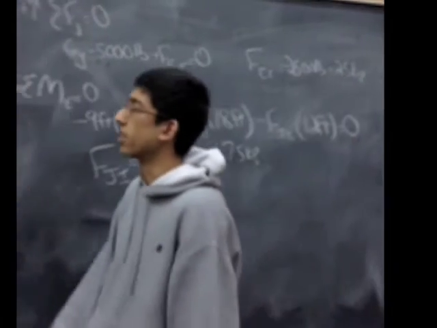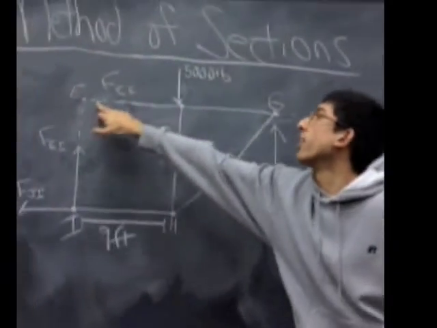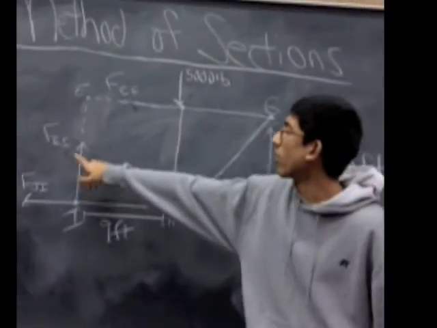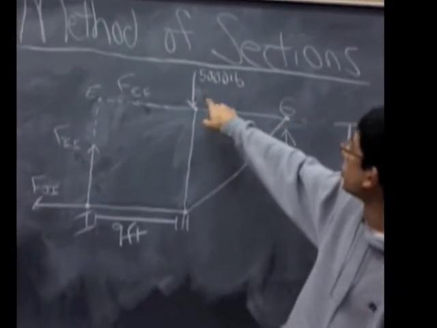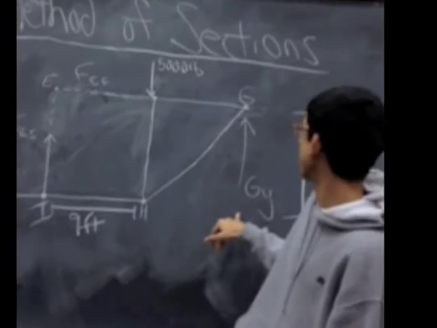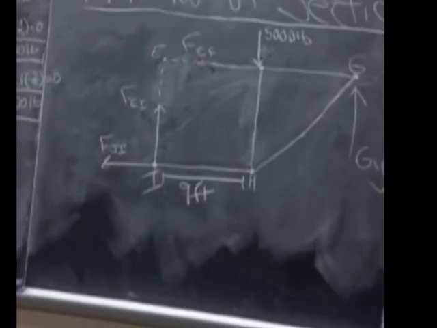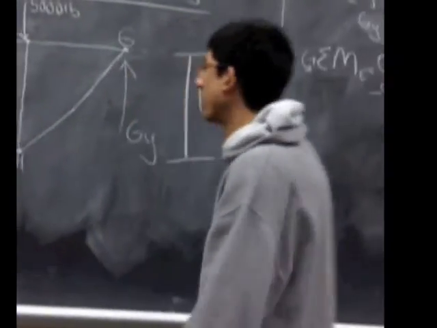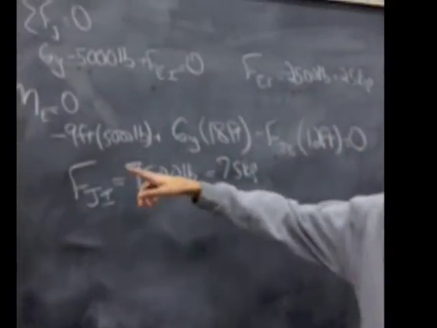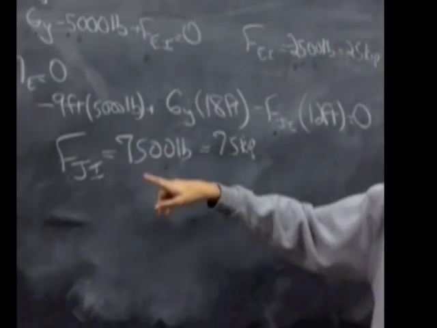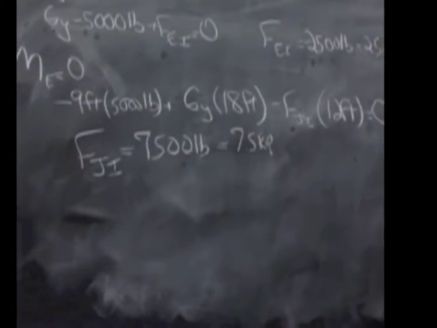And then we can take the moment about point E, which isn't included in our sections, but we take it so that we can ignore EI and have our two known forces, 5,000 and Gy, leaving FGI as our only variable.